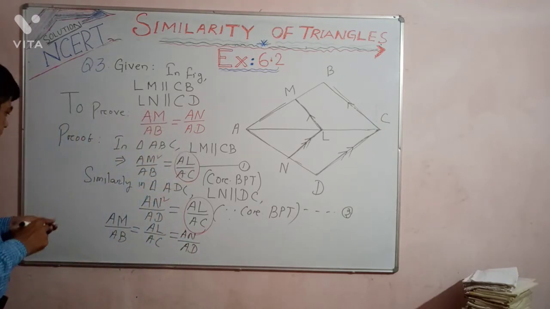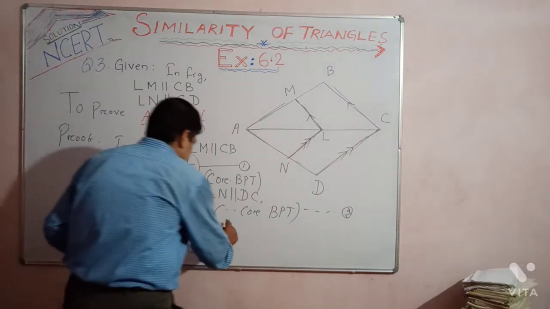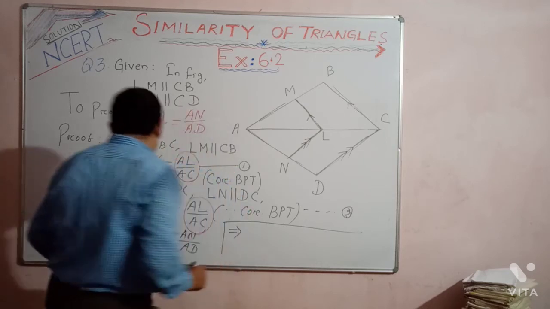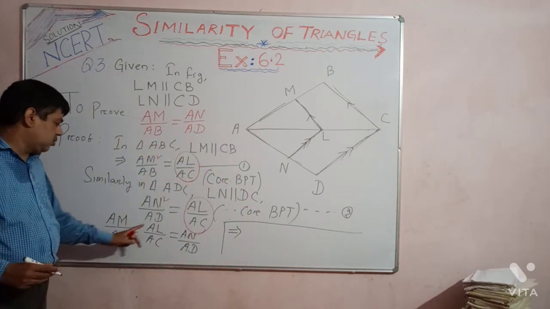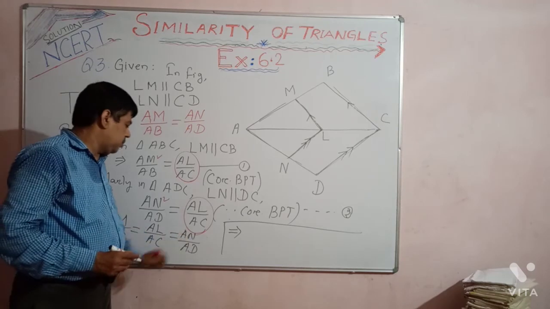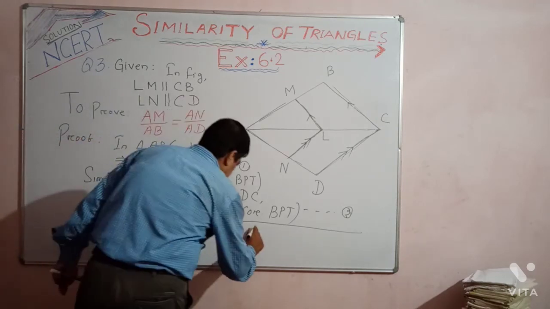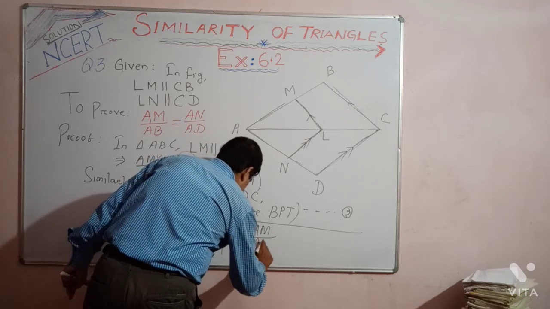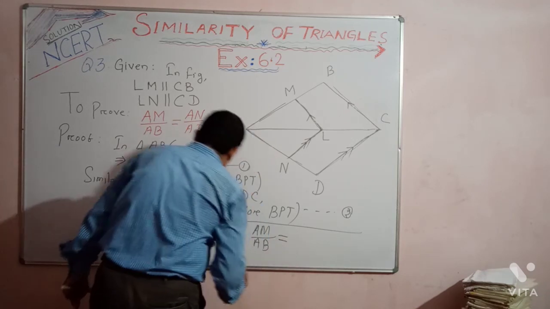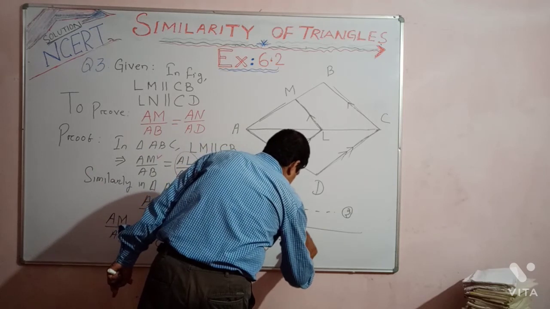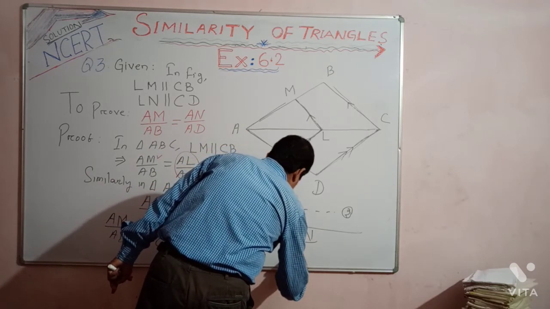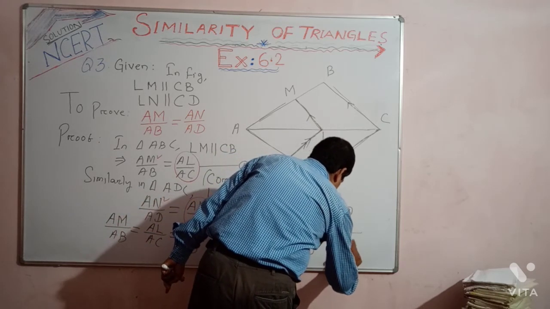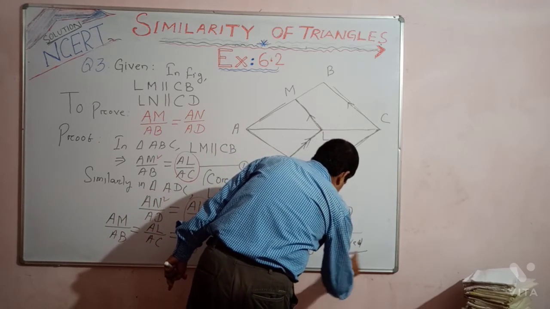So AM upon AB is equal to AL upon AC is equal to AN upon AD. That's why AM upon AB is equal to AN upon AD. Understand? So this is the proof of the given statement.